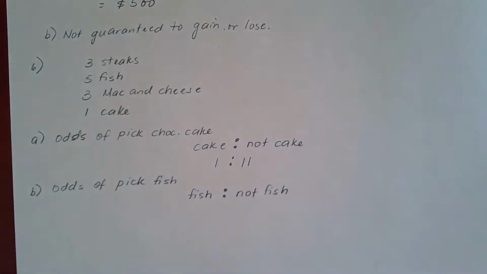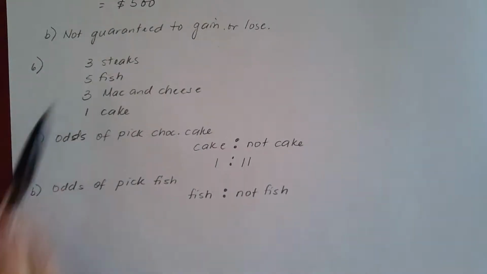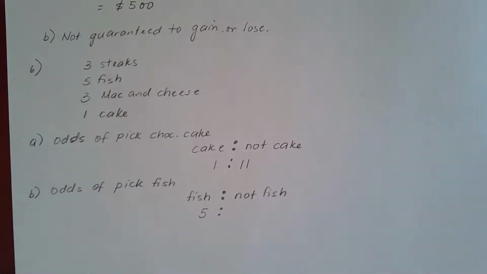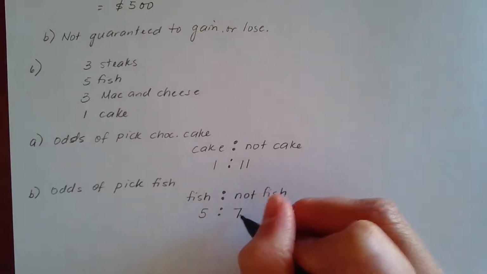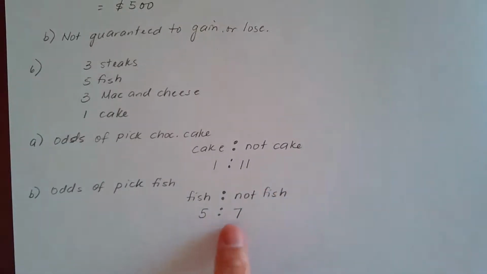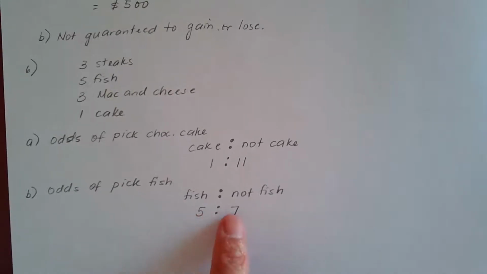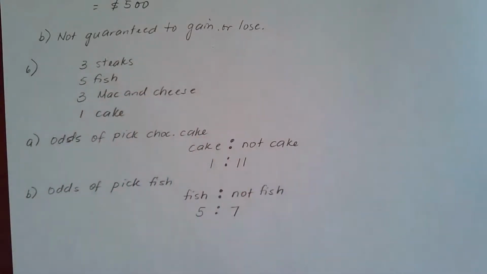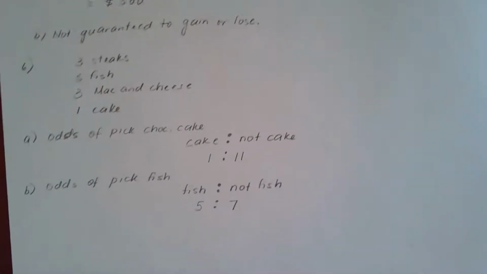If we write it like that, it's simple. So how many are fish? There's 5. How many are not fish? Not fish is 7. And all of these add up. If we're doing the odds, all of these add up to the total plates there are, right? So this adds up to 12.